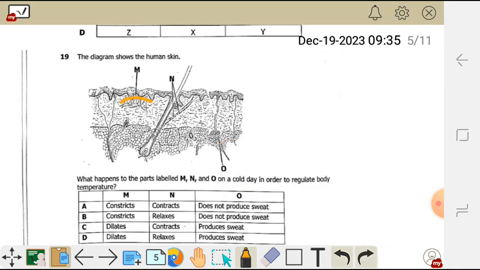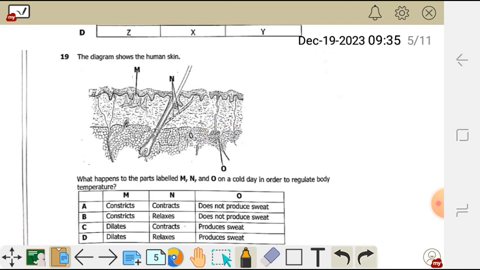So M shows blood vessels there. Then N is the smooth muscle which is attached to the hair follicles. That is the hair follicle, and that is the smooth muscle there. And then we have a gland there, the sebaceous gland here, which secretes sweat.